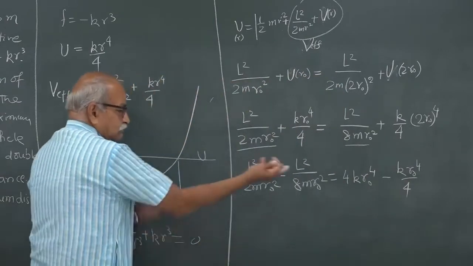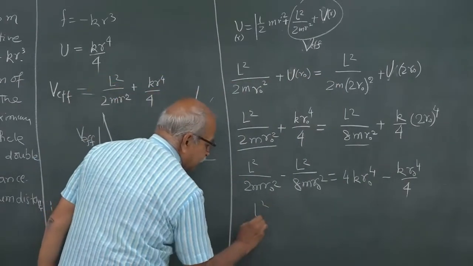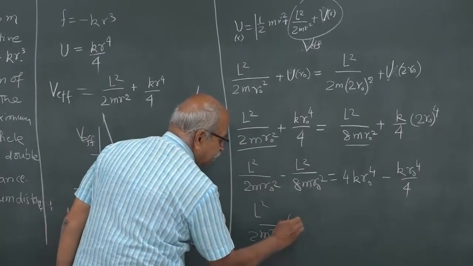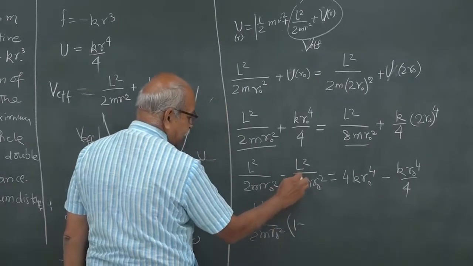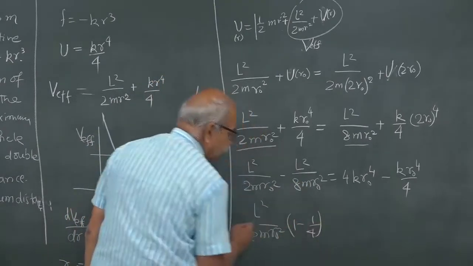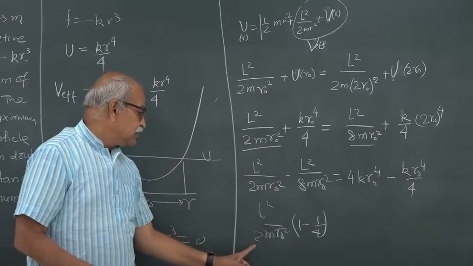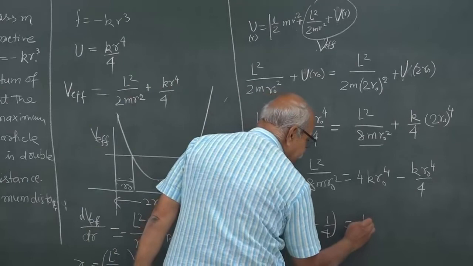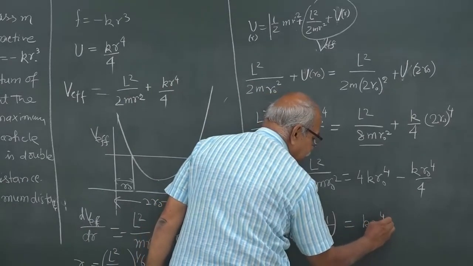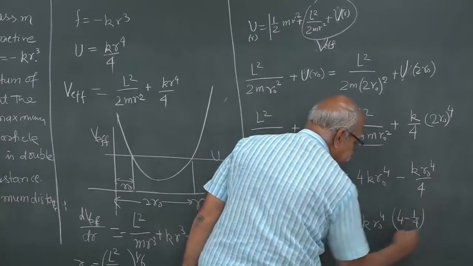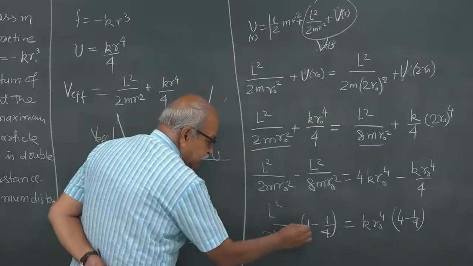Alright, so easy to calculate: L square by 2 m r naught square, and then you have 1 minus 1 by 4, since I have taken 1 by 2 out, so 1 by 4. Correct, 1 by 8 here, 1 by 2 is here and 1 by 4 is here, and this side k r naught to the power 4 and then you have 4 minus 1 by 4. Alright. So, this is 3 by 4.